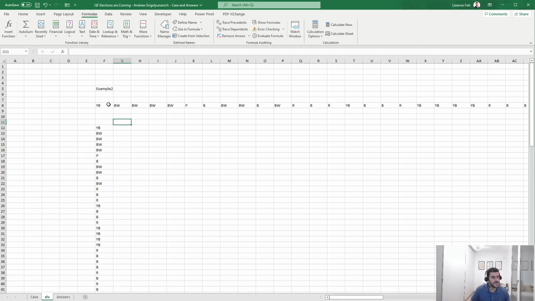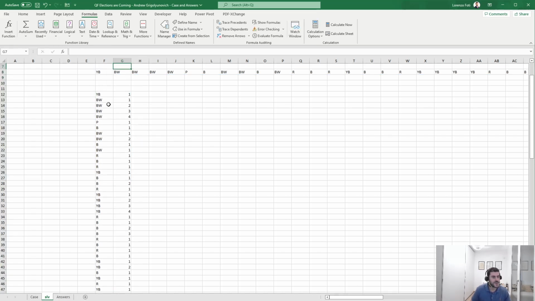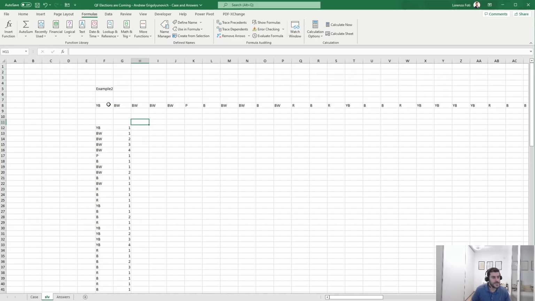What we are saying is this will have a value 1, then if this equals this, it will be the previous value plus 1, otherwise 1. Then is it just a transpose of codes?